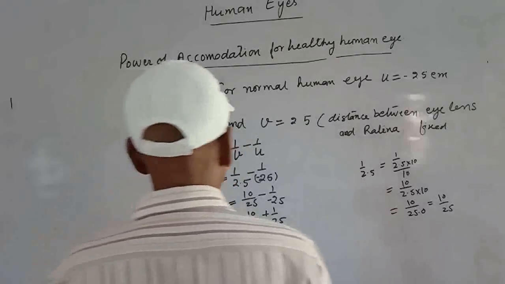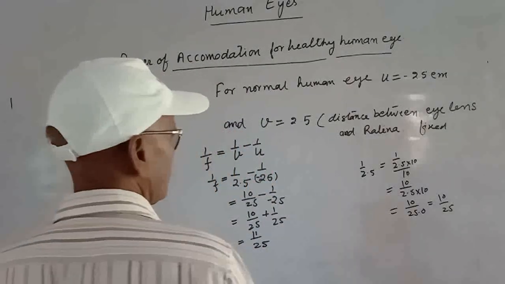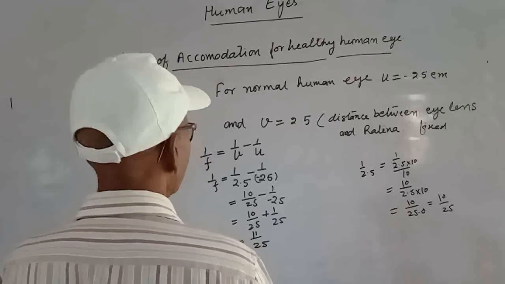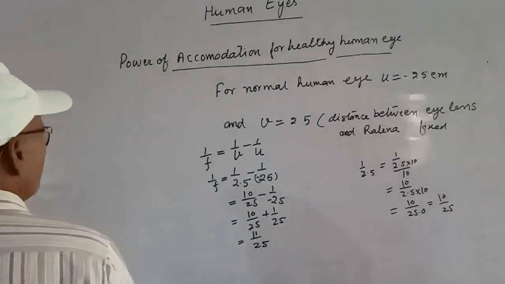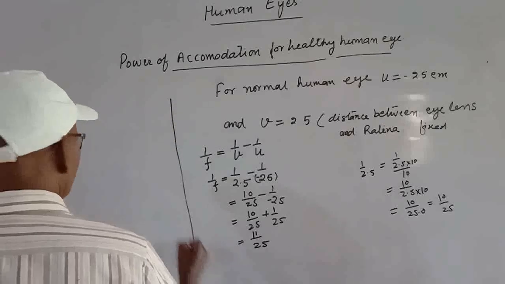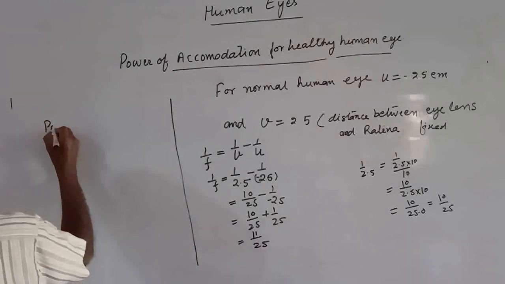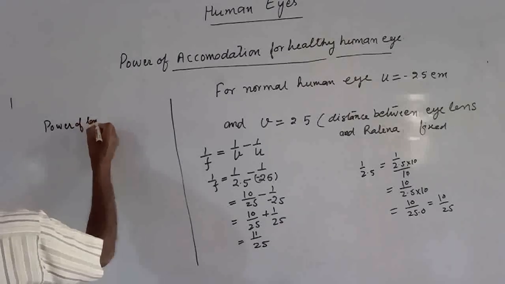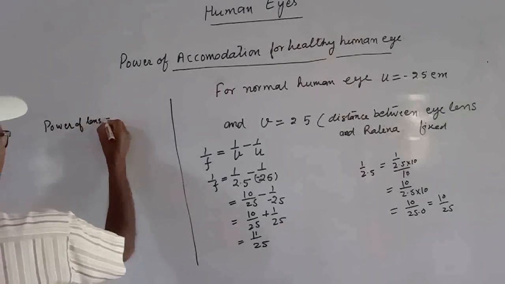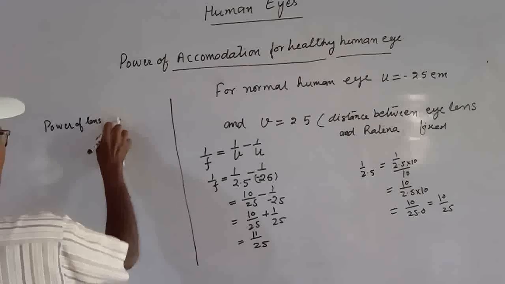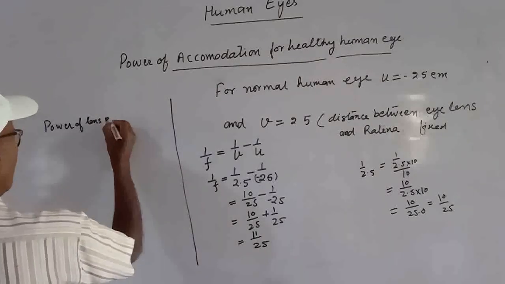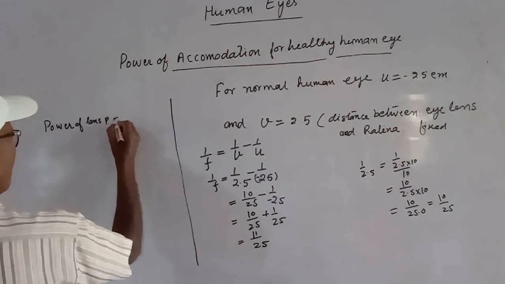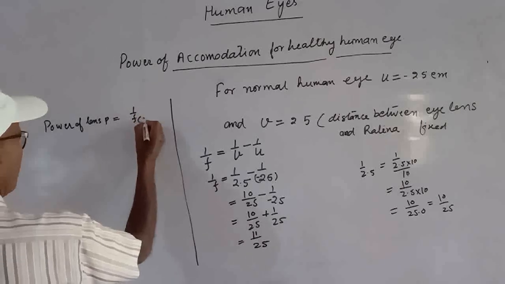Now the power of the lens, P, is equal to 1 upon F in meter.